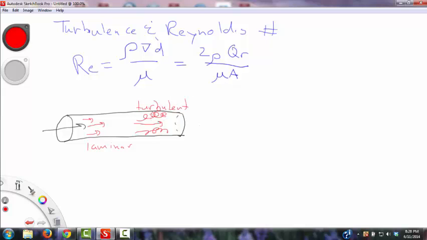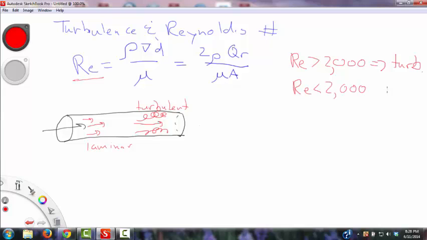Okay, so this Reynolds number that we're talking about calculating tells you something about whether or not a system is going to be in turbulent flow or in laminar flow. So if the Reynolds number is greater than 2000, you're probably going to have turbulent flow. If it's less, probably laminar.